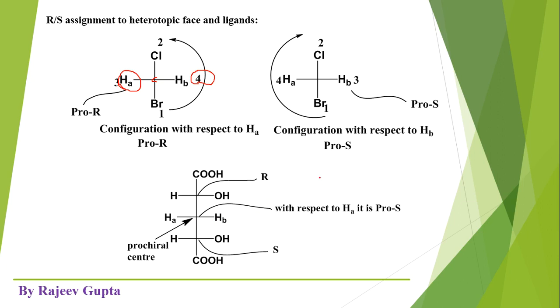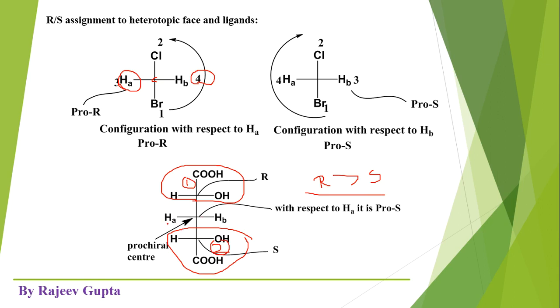We know that R gets priority over S. Both ligands are the same constitutionally, as we see in pseudo-chiral centers, but their chirality is different. One is R and one is S, so these are different. In these we give priority in this order: R gets more priority over S, so this portion will get number 1 and this portion will get number 2.